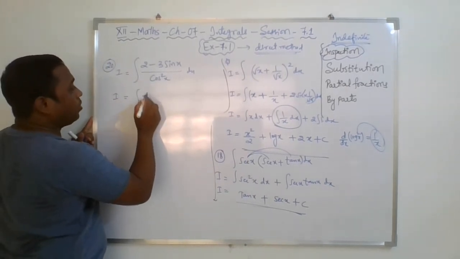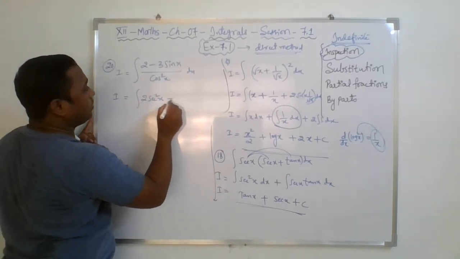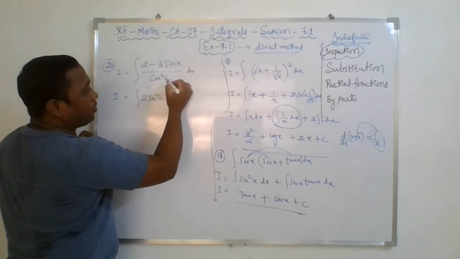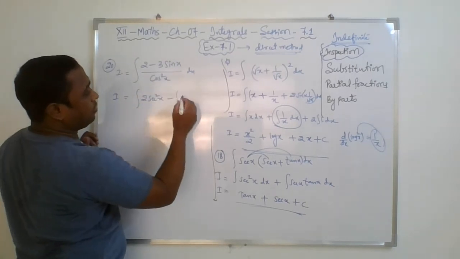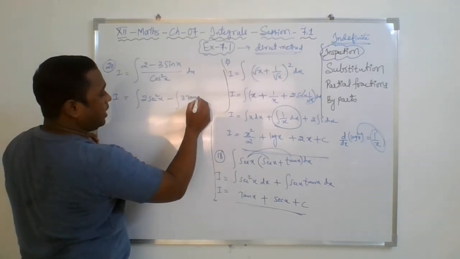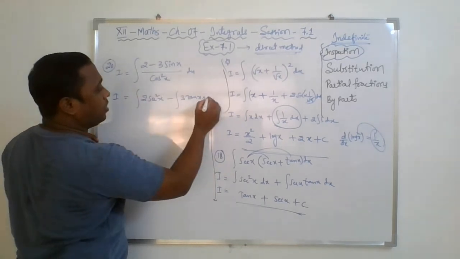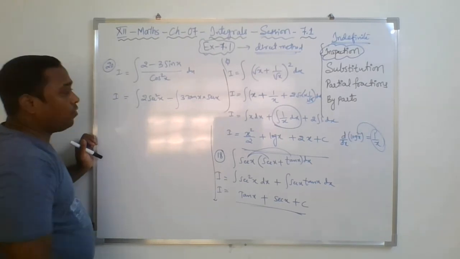So it will become 2 by cos square x, also written as 2 sec square x, and integration of here 3. If you separate this, 1 sin x and 1 cos x is converted into tan x, into 1 cos x is left, that is reciprocal is what? Sec x, and dx by default left, right?